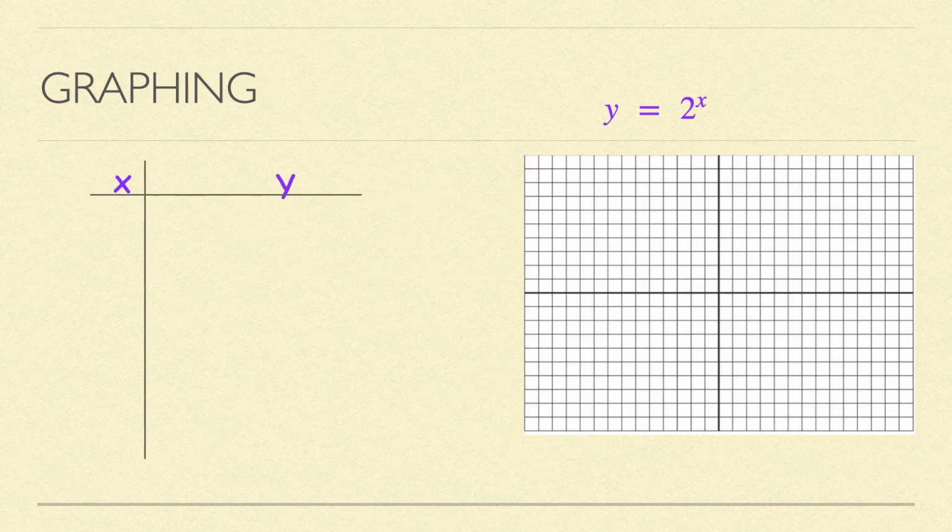All right, let's first of all get started. We're going to graph. We're going to start just like we have been. And we have this equation. It's an exponential equation. I know it's exponential because the 2 is raised to the x power. All right, so now, just like in a parabola, I need to make 5 values for my x.